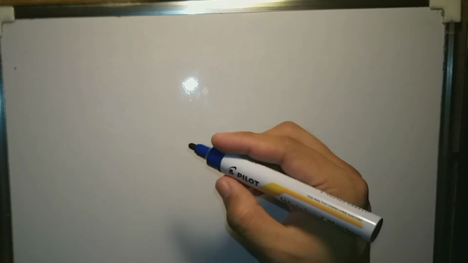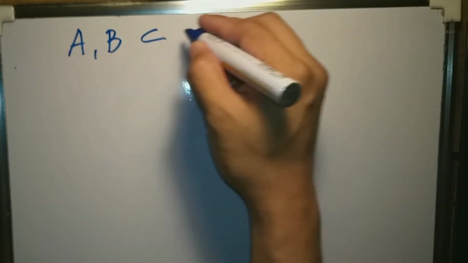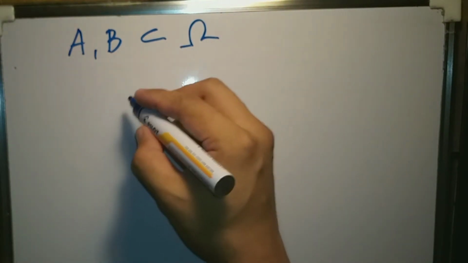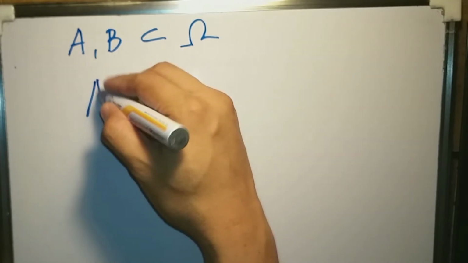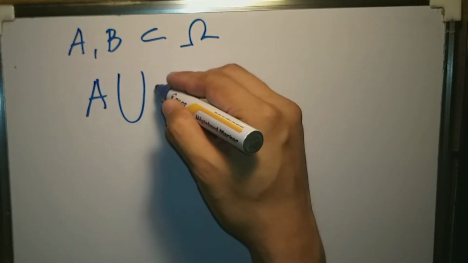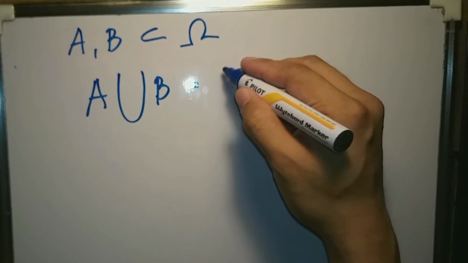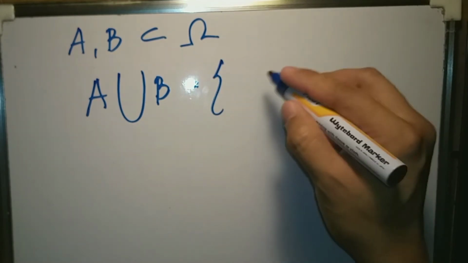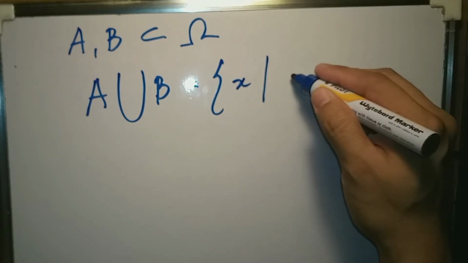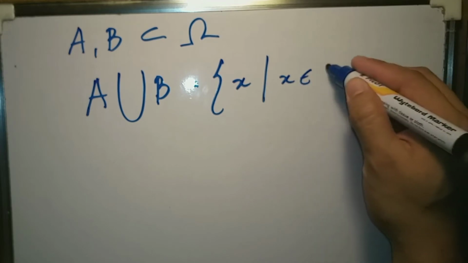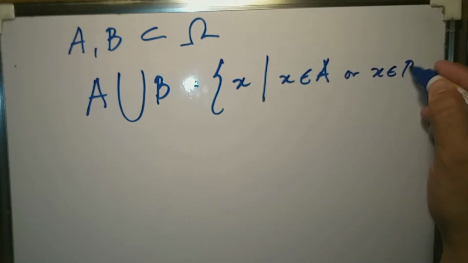So if we have 2 sets A and B, we define the union this way. So A union B is the set of x such that x is an element of A or x is an element of B.